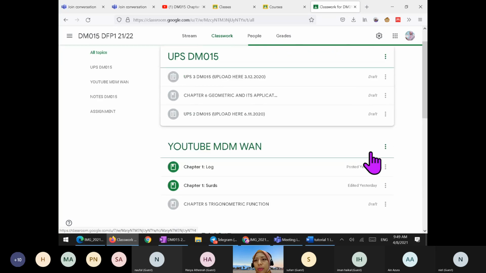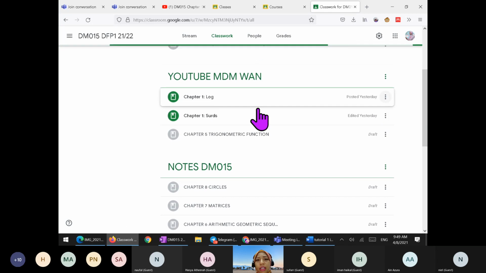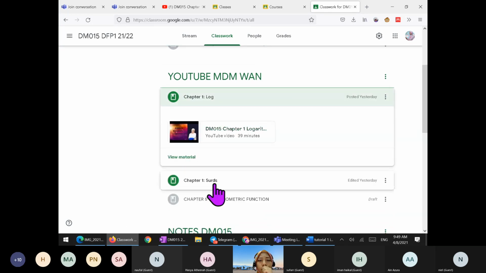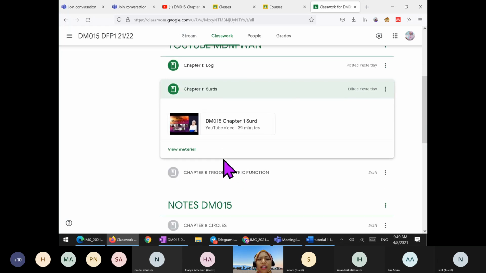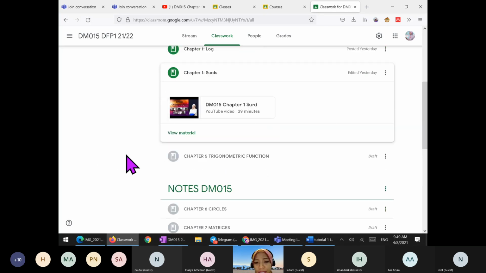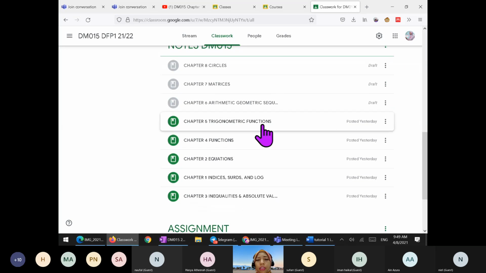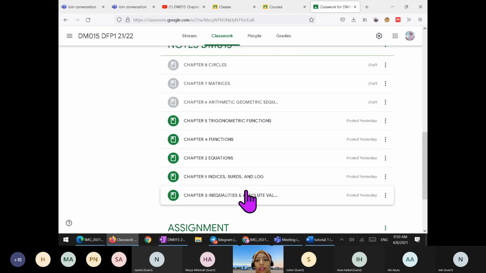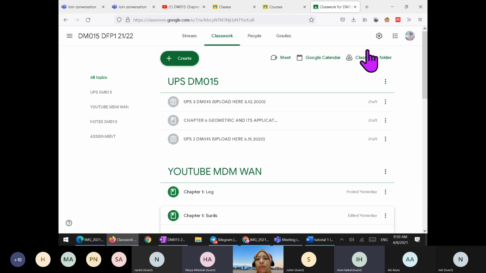Ni yang draft-draft ni memang you tak nampak lah. Ini cikgu copy yang last year punya. Cikgu akan send bila-bila memerlukan. So kalau YouTube tu you tengok, ada video untuk log, ada video untuk set. And then cikgu akan upload video untuk tutorial dan extra exercises. Notes 1 until 5 I dah upload. Maybe you nak print out sekali, print depan belakang, jimat kertas, jangan membazir. Boleh ke? Clear ke students? Boleh, yes madam. Okay, Alhamdulillah.